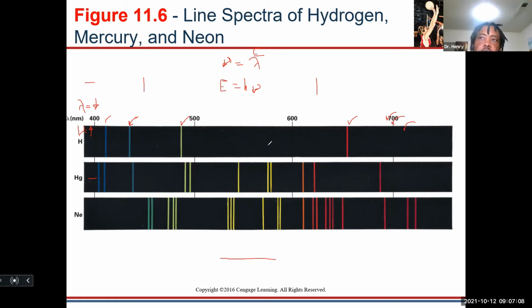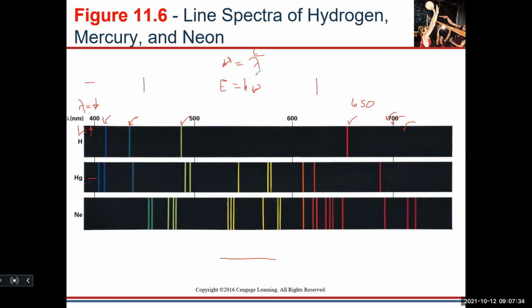If we think about this, the wavelength here is going to be like 420. The wavelength over here is going to be like 650. So the wavelength is increasing, right? So we would expect the frequency to increase or decrease? Decrease, that's right.